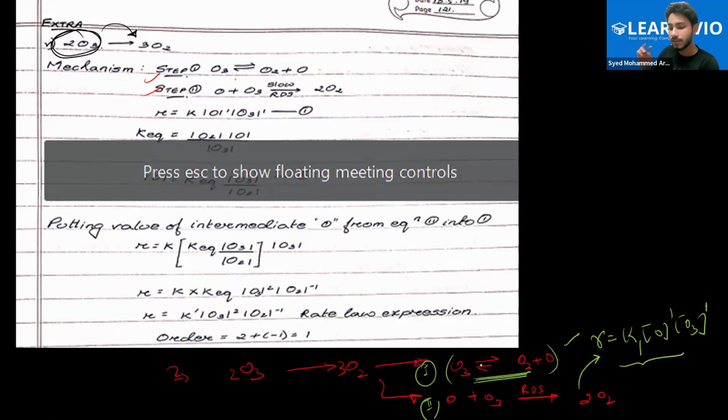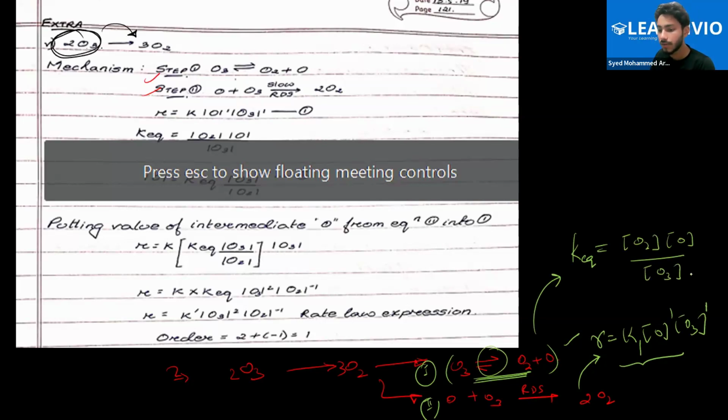This is the first step. Here in the first step there is the equilibrium sign. In your class 11, there is a term known as the equilibrium constant. The equilibrium constant is the multiplication of the concentrations of the products divided by the concentrations of the reactants, raised to the power of their stoichiometry.